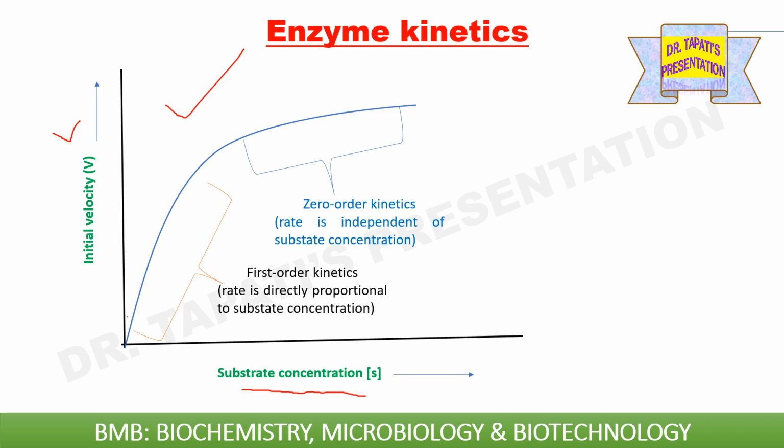Initially, the velocity of the reaction increases, but after a certain point, there will be no change in velocity if we increase the substrate concentration, at the enzyme saturation point. So initially it is a first order reaction, and after that it is a zero order reaction. After enzyme saturation it is zero order.